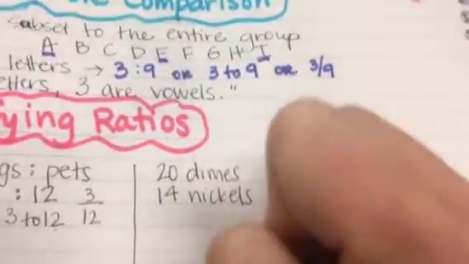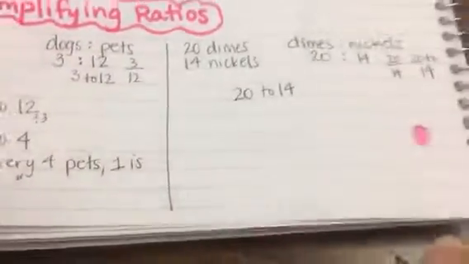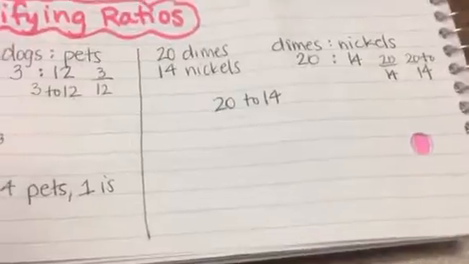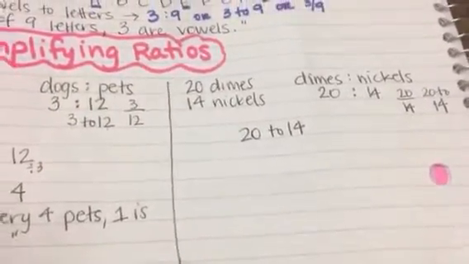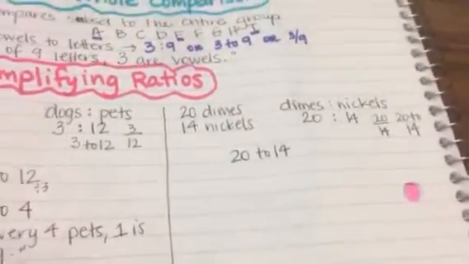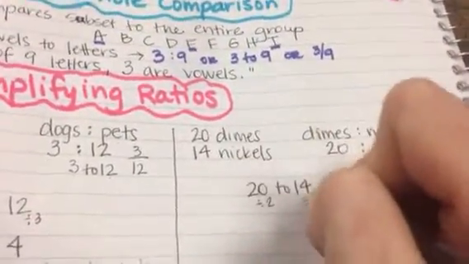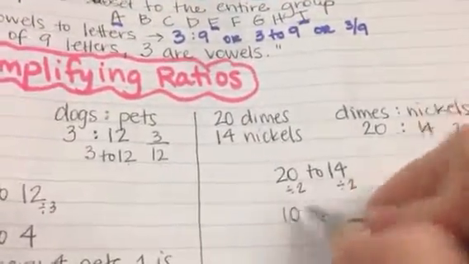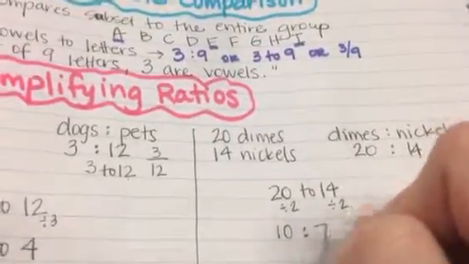So my job is to try to find a number that is a factor of both 20 and 14. So if you think about 20 and 14, there are a couple of different ways to get 20. 1 times 20, 2 times 10, 4 times 5. Well, the only one that works with 14 is 1, which wouldn't help me, and 2. So I'm going to simplify both of these by 2. 20 divided by 2 is going to give me 10, and 14 divided by 2 is going to give me 7.